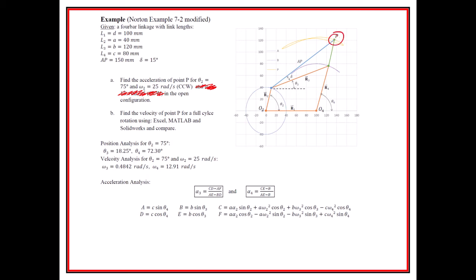Now here is the situation. We do a position analysis and we find what theta 3 and theta 4 are going to be equal to.